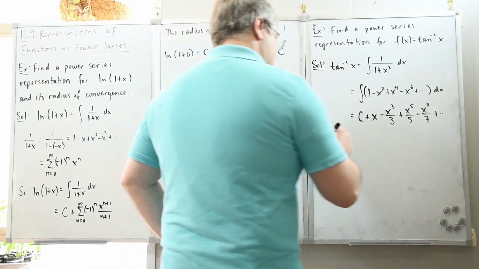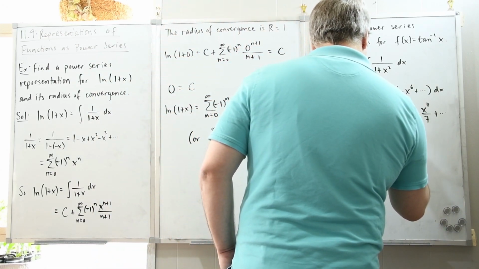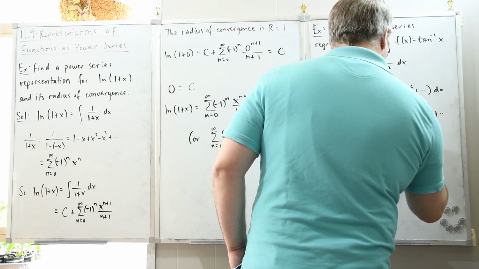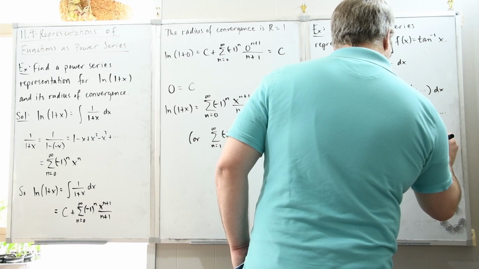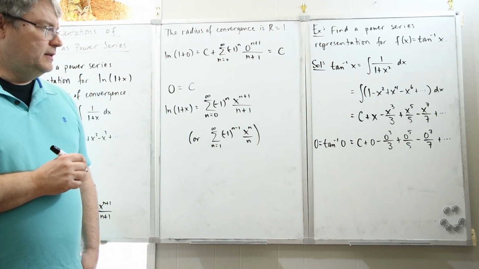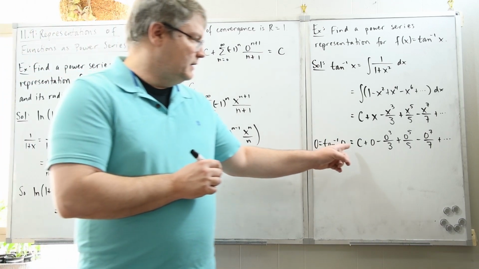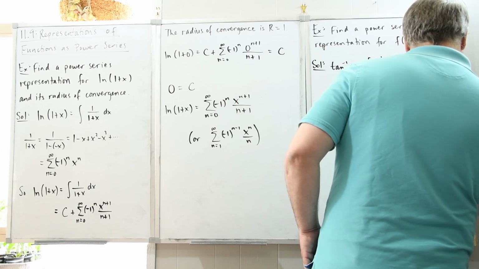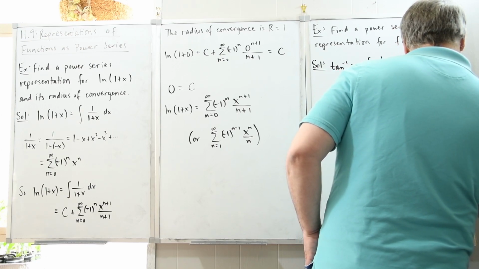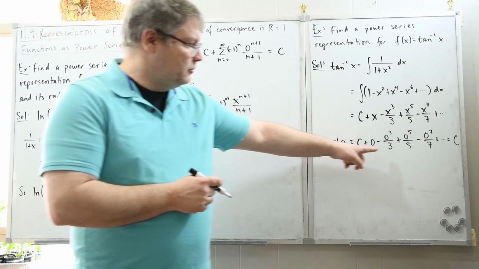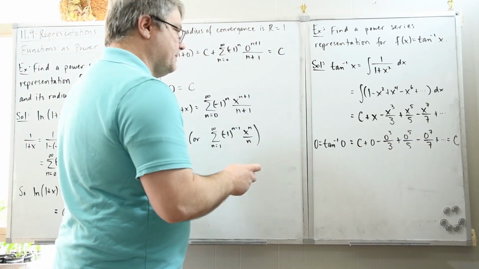So you would get c plus 0 minus 0 cubed over 3 plus 0 to the fifth over 5 minus 0 to the seventh over 7 and so forth. So really the only thing that would survive from this is c. And so that means that 0 is equal to c.